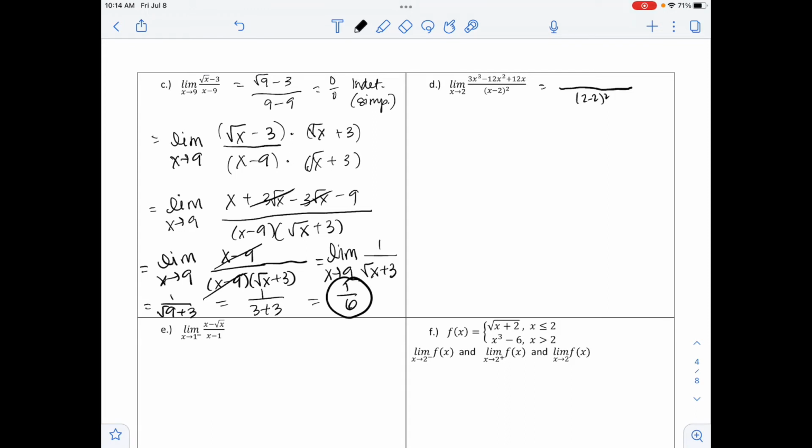So 2 minus 2 squared, and then in the numerator we're going to have 3 times 2 cubed minus 12 times 2 squared plus 12 times 2. And substituting in 2, we get the denominator would be 0, and the numerator, when you multiply and add and do order of operations, is also going to work out to being 0. So this is also indeterminate, which means we need to simplify.